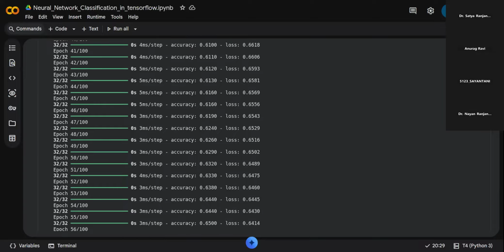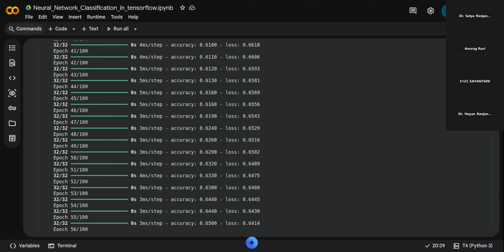By default, verbose is 1, and it prints. If you make verbose 0, it is not going to print. The verbose parameter's only job is to show or not show the progress of the training.